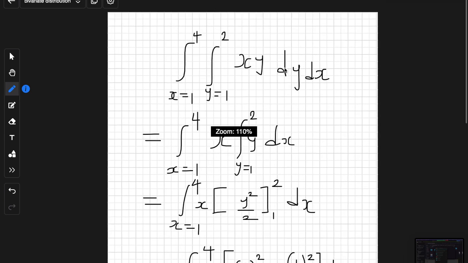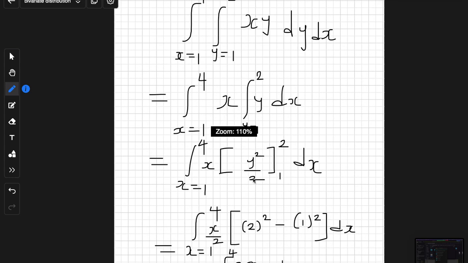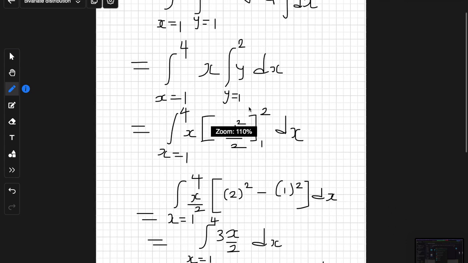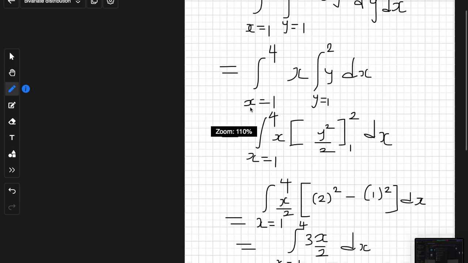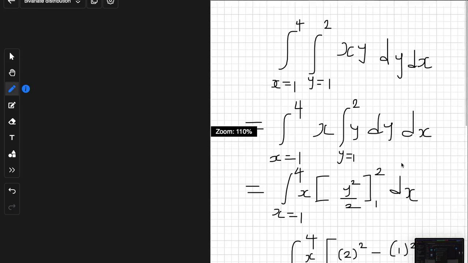Just the way when we did this now, x was treated the way you'd have treated 2, because you are not integrating with respect to x, you are integrating with respect to y. Sorry, there's a need to write this properly. This should have been dy, and then before you have dx. All right, so that's that again.